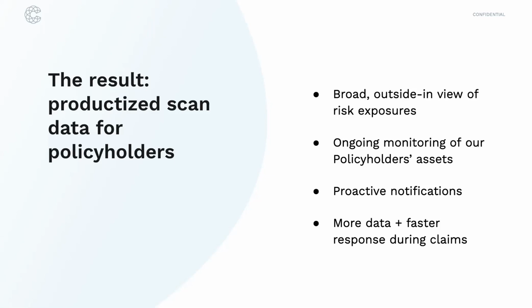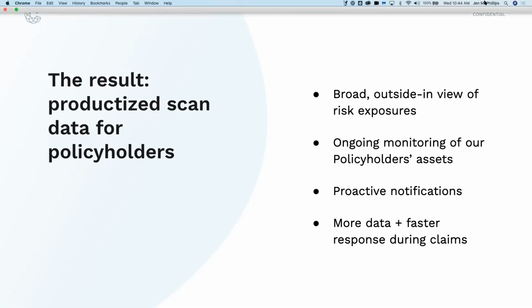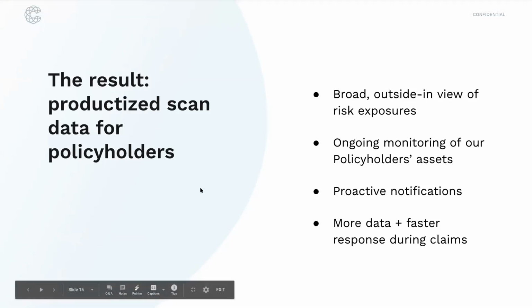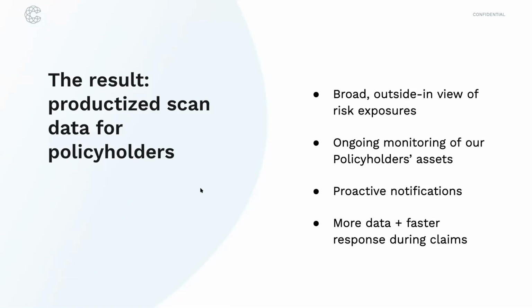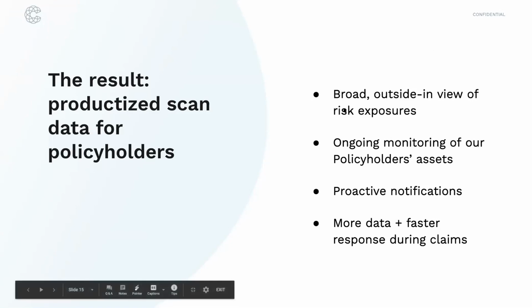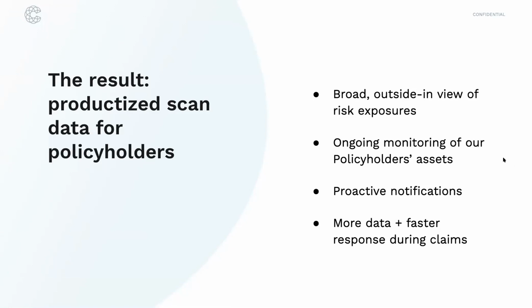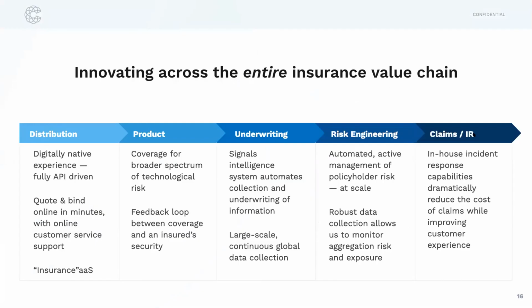We collect data, one, to underwrite, two, to notify customers when problems occur, and three, because it enables a process when a claim occurs where Coalition is able to move faster and with greater data accuracy and integrity than really any other entity because of our previous data collection efforts.